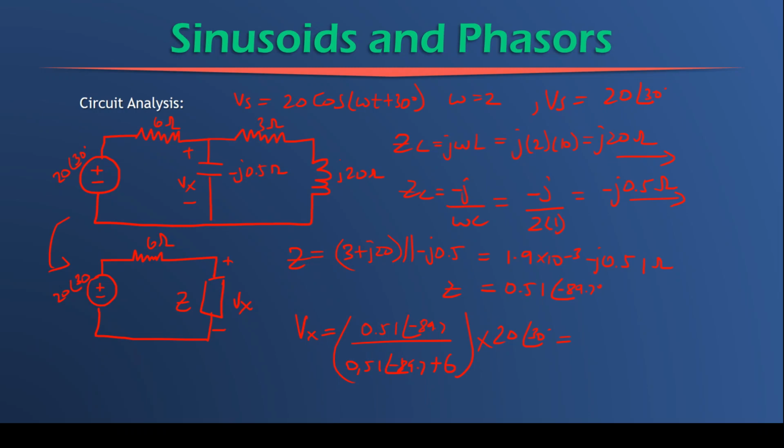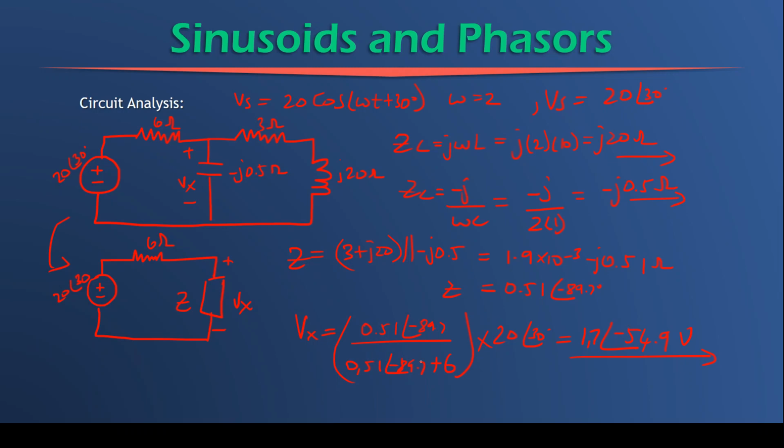So this is going to give you an answer, in polar form, of 1.7 angle negative 54.9, and that will be volts, and that would have been the voltage.